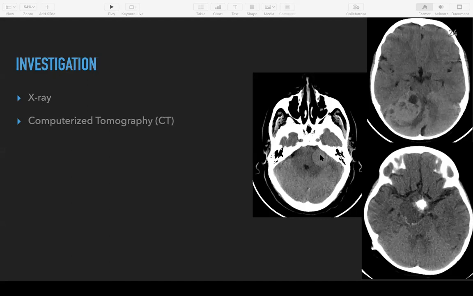And on the other hand, for this patient, according to patient age and the tumor location, and also the effect of the mass on the surrounding structure, I can say that this is most likely a meningioma.